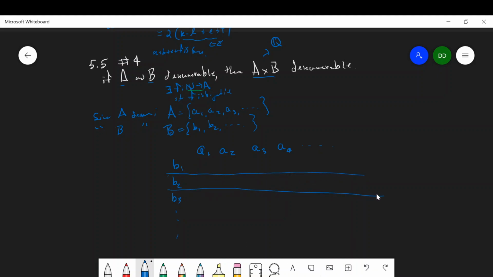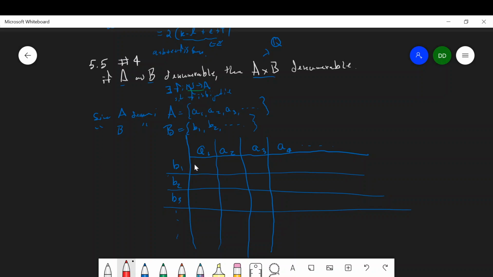I will make a table here. So a two-dimensional listing. And what we learned from proving the rationals were denumerable, or at least the positive rationals, is that if I can list out the elements two-dimensionally like this, then I can write the diagonals and list it out one-dimensionally.